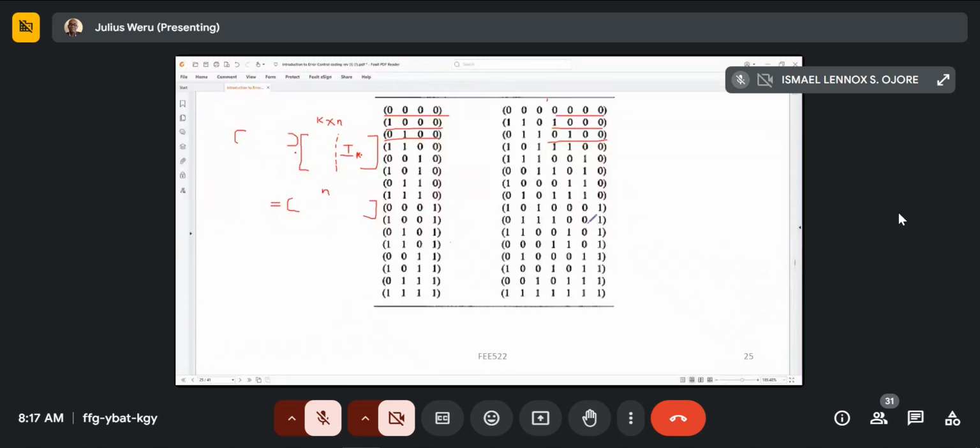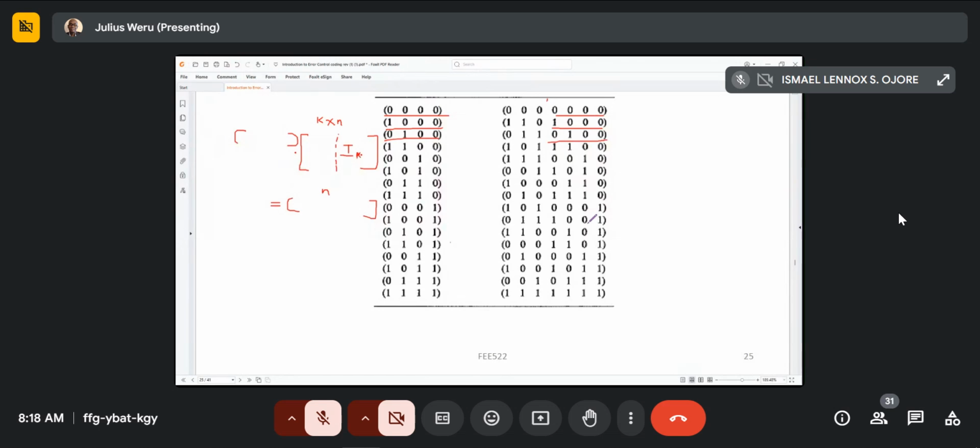You remember what we said about the case of simple parity error detection.